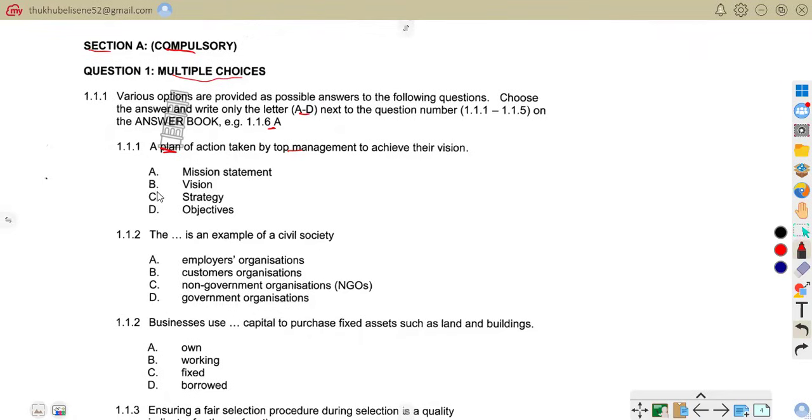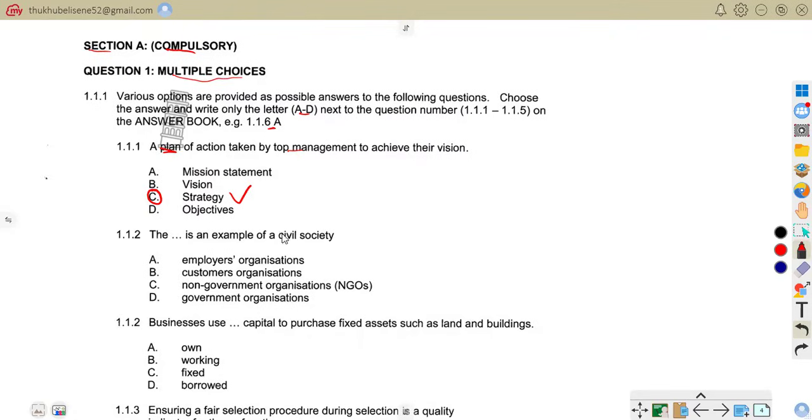So the correct answer is C, a strategy. As we know, a strategy is a plan, like I said, a plan of action. A strategy is a plan to achieve goals. That is why it becomes the correct answer.